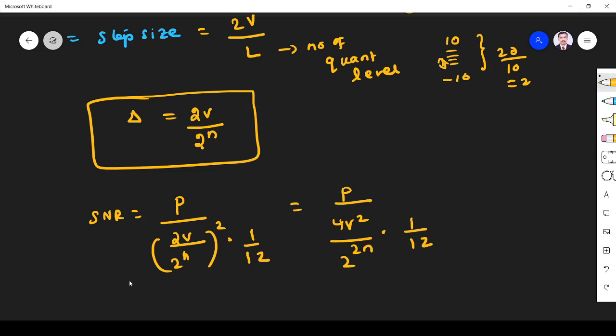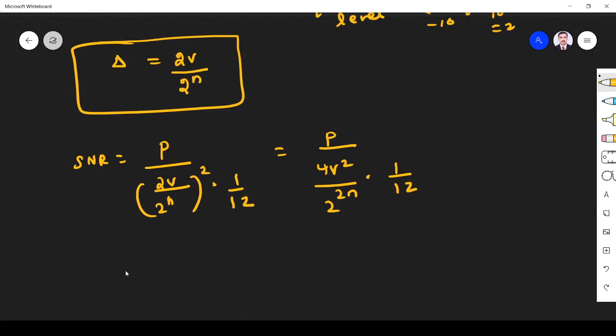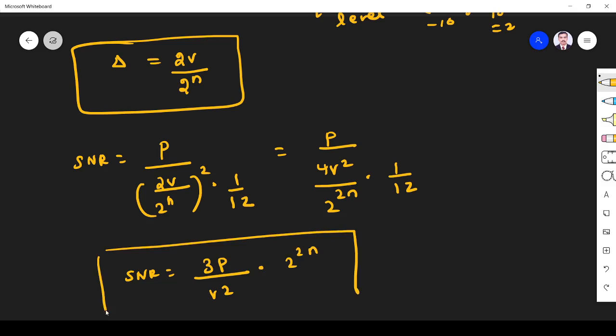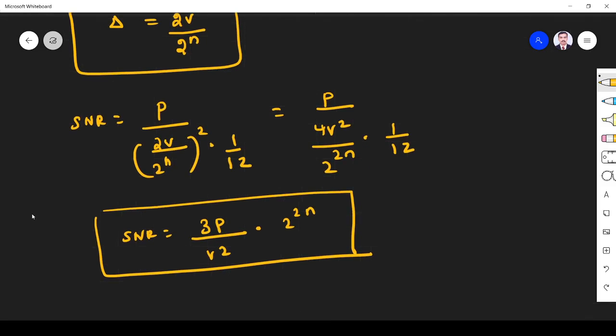So SNR is equal to 3P divided by V squared into 2 power 2n. This is the SNR value.